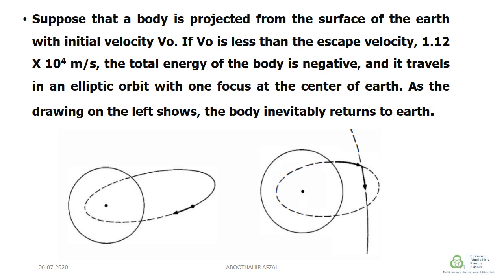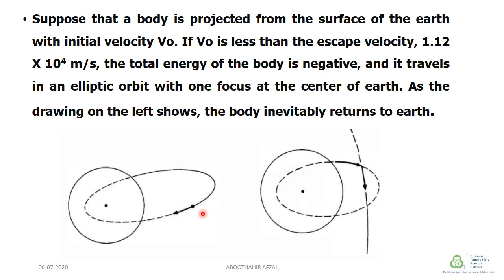Suppose that the body is projected from the surface of the Earth with initial velocity v0, and if v0 is less than the escape velocity, which is 1.1 × 10⁴ meters per second, the total energy of the body is negative, and it travels in an elliptical orbit with one focus at the center of the Earth. As the drawing on the left shows, the body inevitably returns to the Earth.